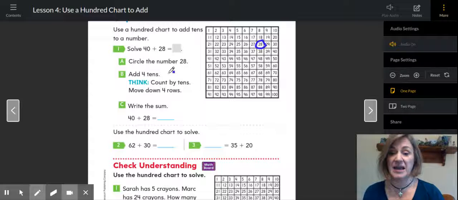Add 4 tens. Count by tens. Move down 4 rows. So 4 tens is the same as 40. So what I can do is go 10, 20, 30, 40, and I landed on 68.